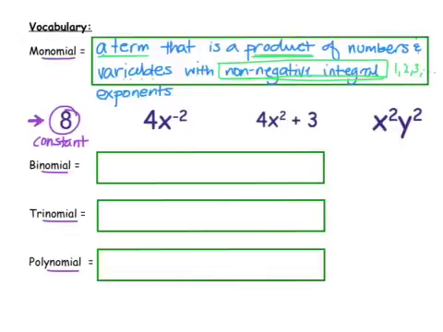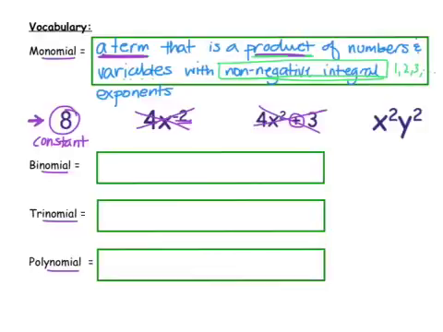Looking at our next one, 4x to the negative 2 cannot be a monomial because of that negative 2 exponent. Can't work. Our third one, 4x squared plus 3, it's a single term. It can be a product of things, but because of this plus sign in here, that's two separate terms. So it is not a monomial.